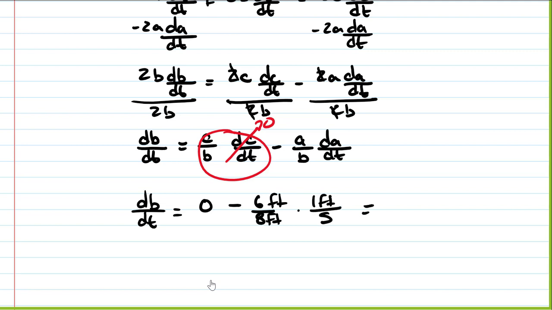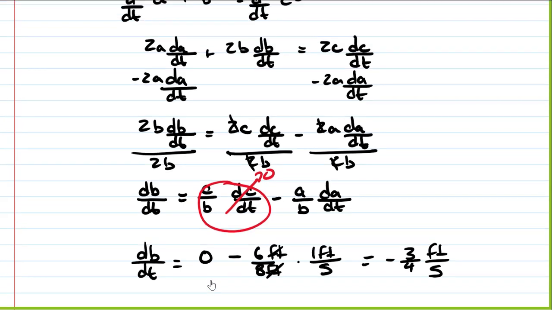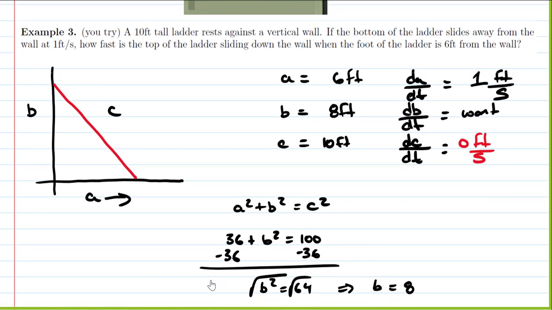So our feet reduce out, 6/8 reduces to negative 3/4 feet per second. So the top of the ladder is sliding down the wall at 3/4 of a foot per second. So notice we had the negative 3/4 in our answer, because as the bottom of this ladder moves away, since the hypotenuse is constant, B has to be moving down, right? So the sign tells us the direction that that piece was moving.